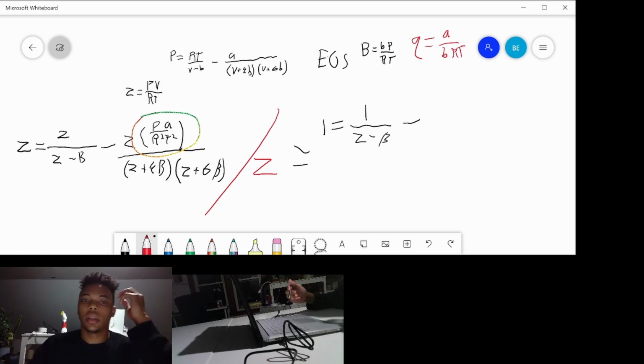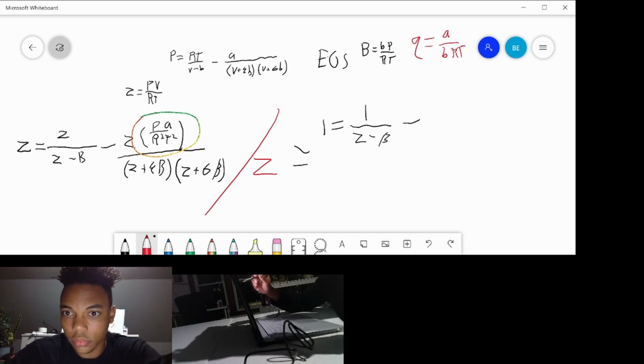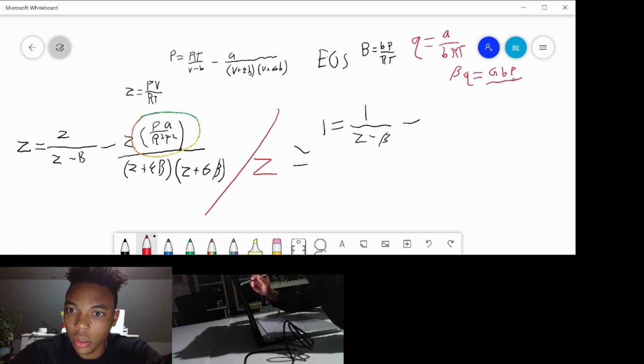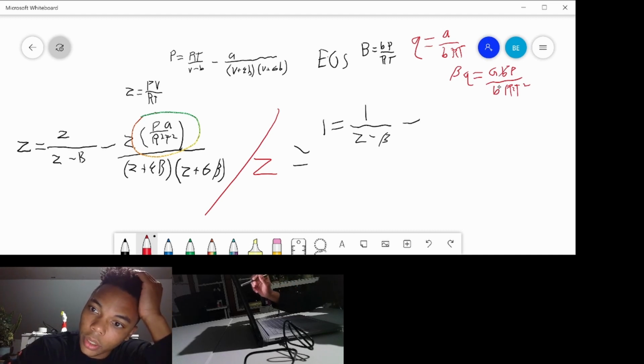And what you'll find is that BQ will be equal to A times B of P over B R T squared, which is actually, our B will cancel, and then we have PA over RT squared.